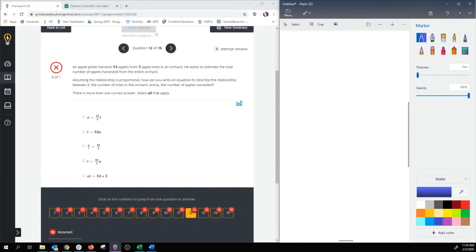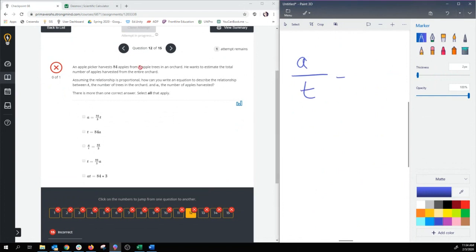Let's see. So let's look at these different equations here. Let's look at this proportional one. A is the number of apples that are harvested, and T is the number of trees.